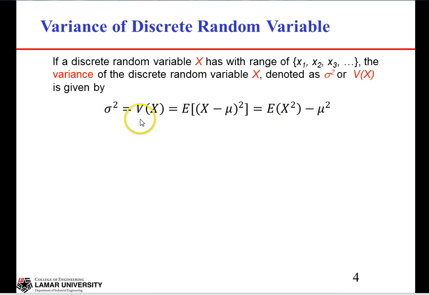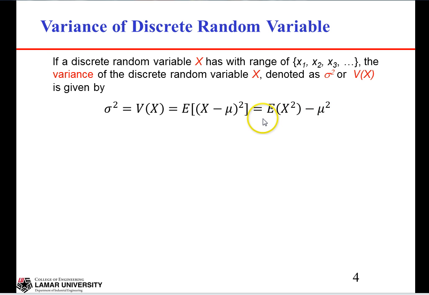So the variance of x is the expected squared distance from the variable to its own mean. The third term in this equation is the definition of the variance. And this variance can also be calculated using this equation. It's also equal to the expected value of x squared minus the square of the mean.